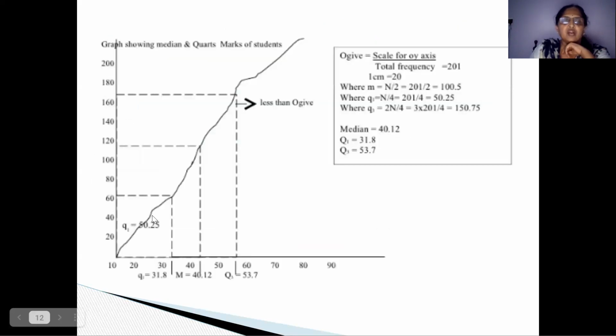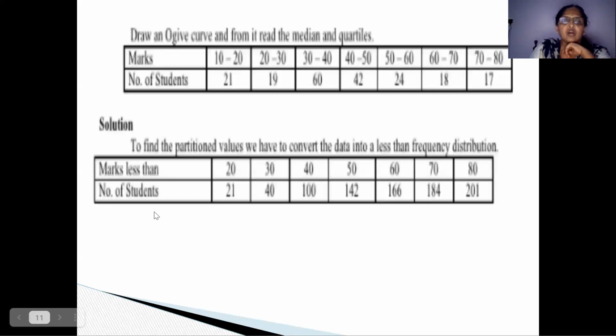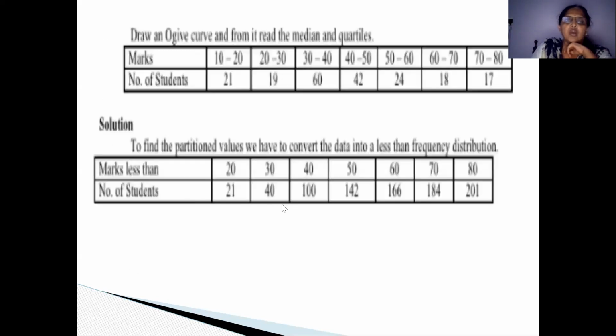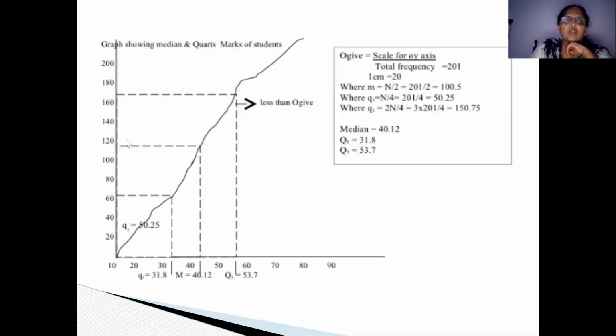Second point is here. What is the third point? 100. Put a point here. What is the next one? 142, almost this point only. Put another point here for 50. Next, connect these points. We are going to get an Ogive curve.